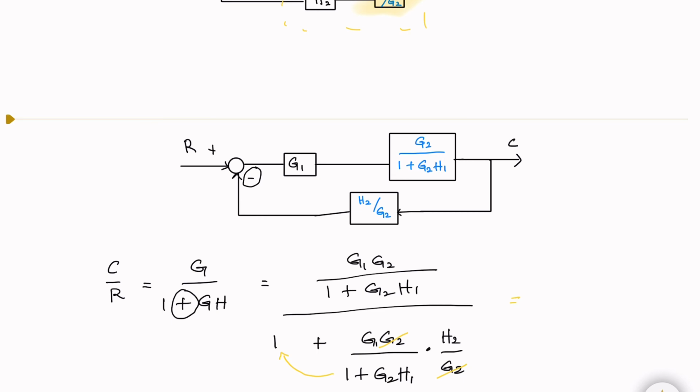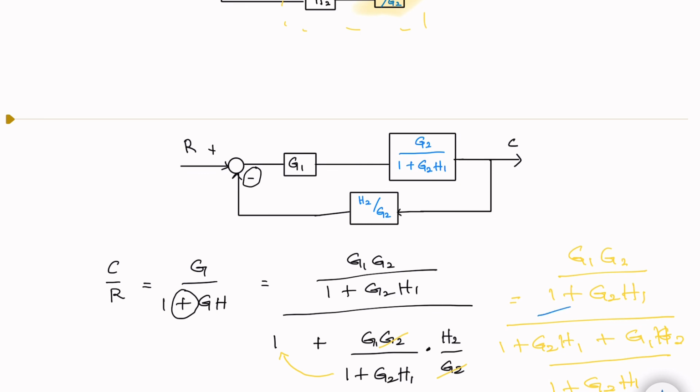So we get G1G2 over 1 plus G2H1, divided by 1 plus G2H1 plus G1H2, divided by 1 plus G2H1.